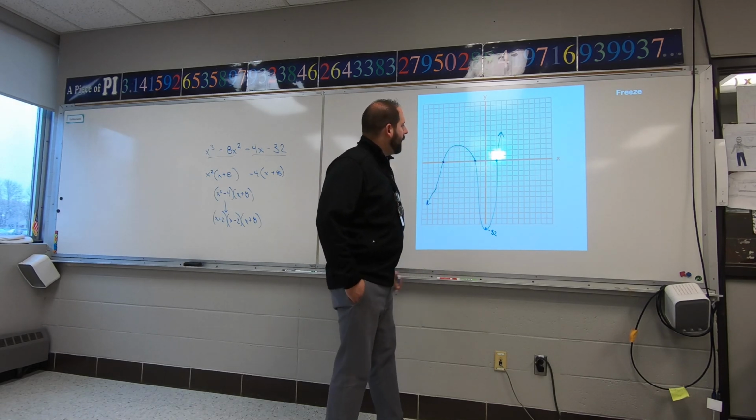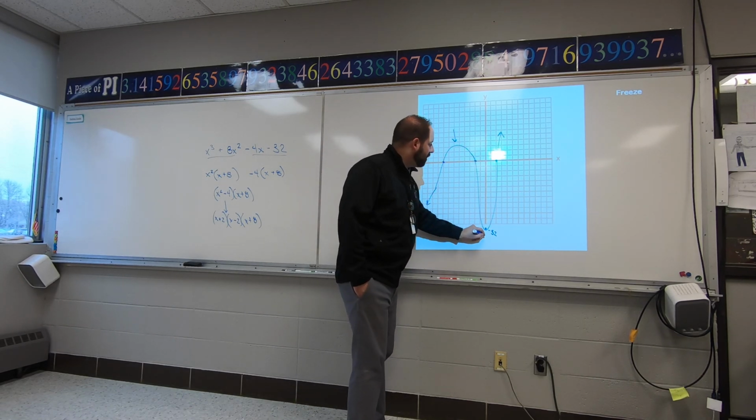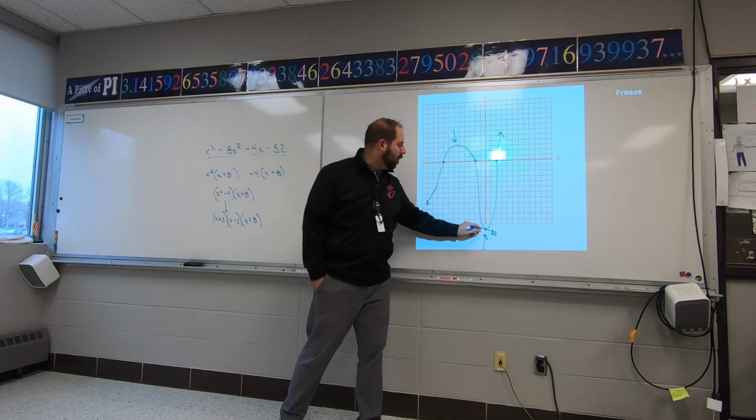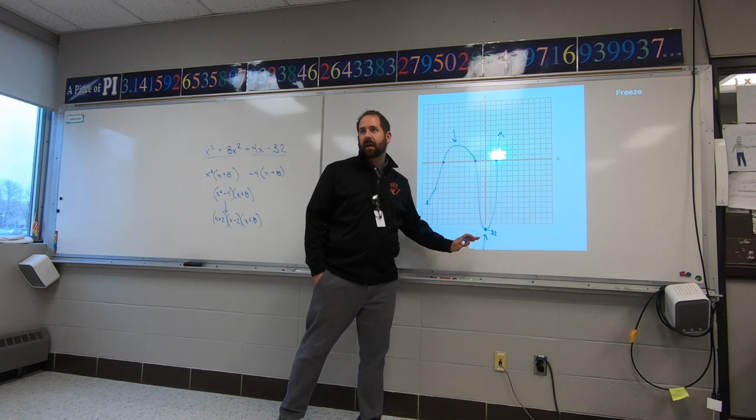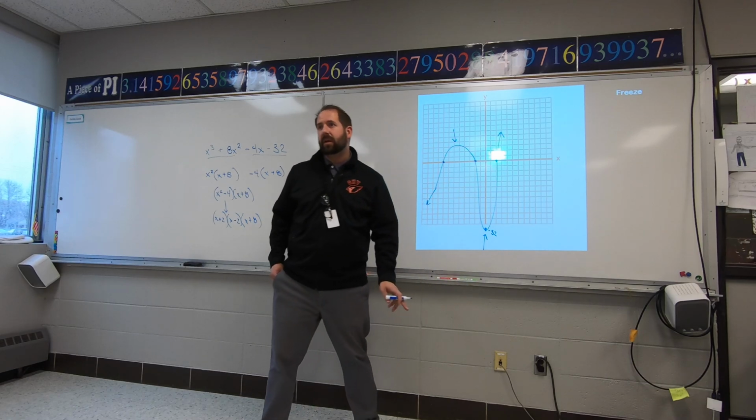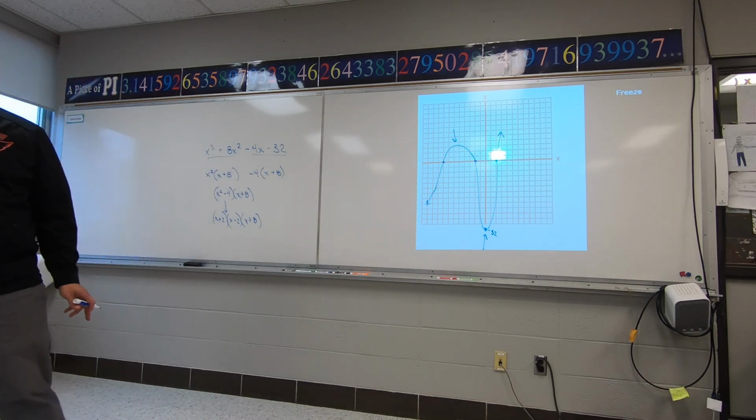So we have to go find these locations. Now, I don't know if this is exactly the lowest spot. It could turn around before it or after it. And that's what the differential quotient does for us.